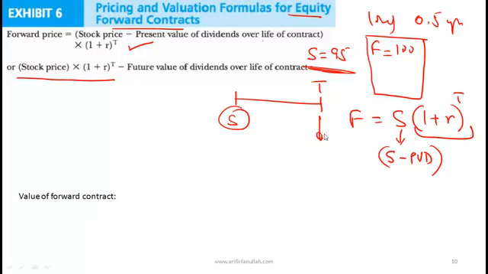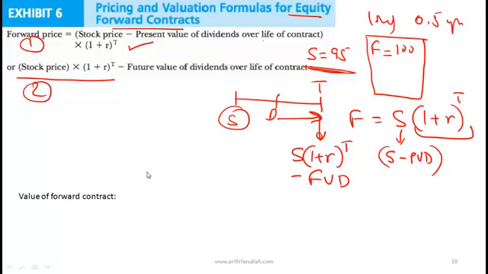So the value is S into 1 plus r to the power of t, and if you are getting some dividend, calculate the future value, and essentially you are subtracting the future value of the dividend. So this relationship 1 and 2 are identical. Memorize both, because depending on the data you are given, you might have to use 1 or 2.